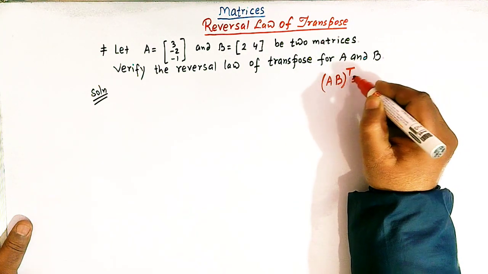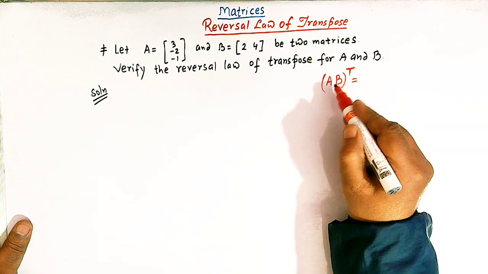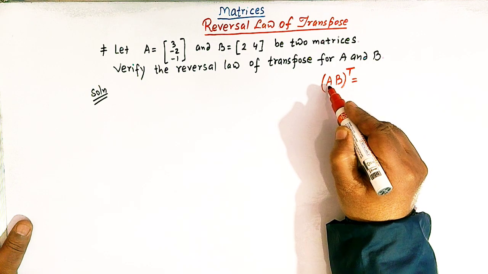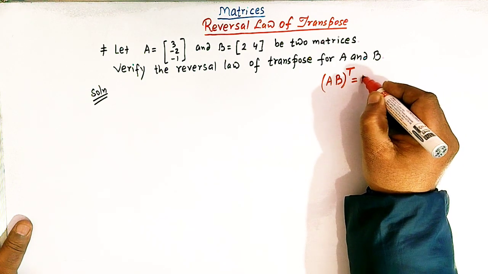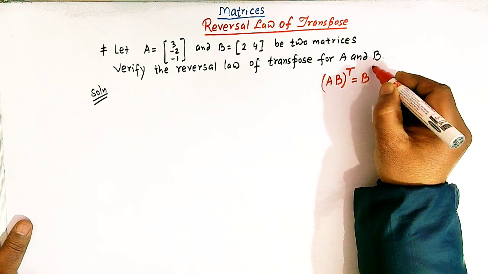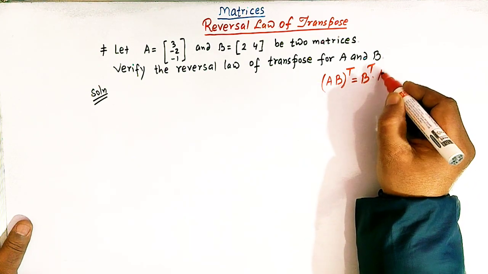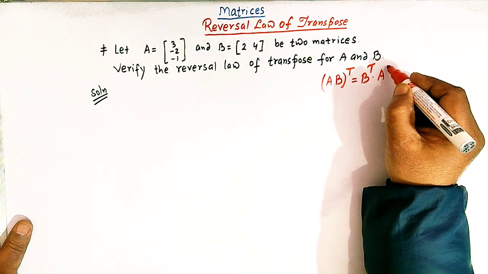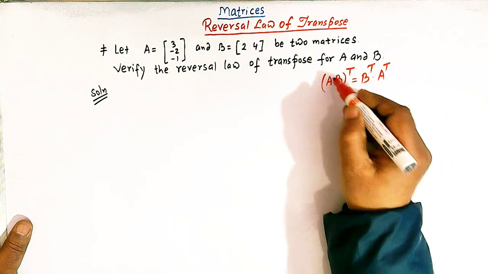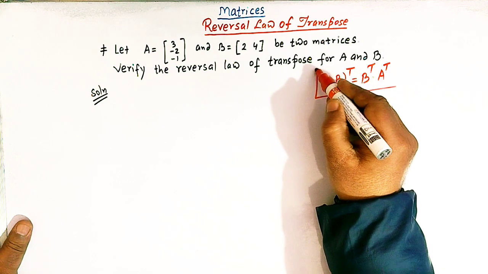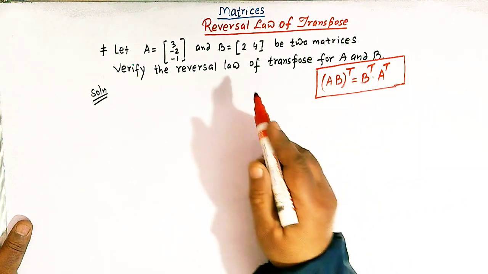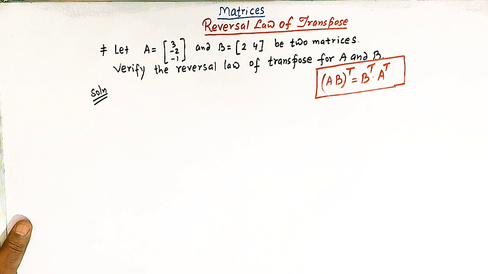The reversal rule says that the transpose of the product of matrices A and B is equal to the transpose of the matrix B times the transpose of the matrix A. So this rule is known as the reversal rule for transpose.